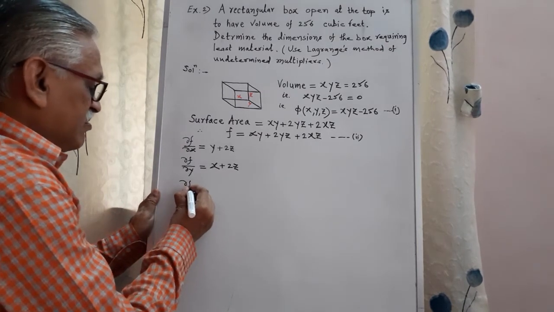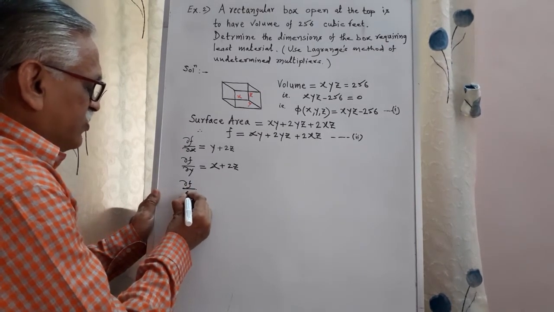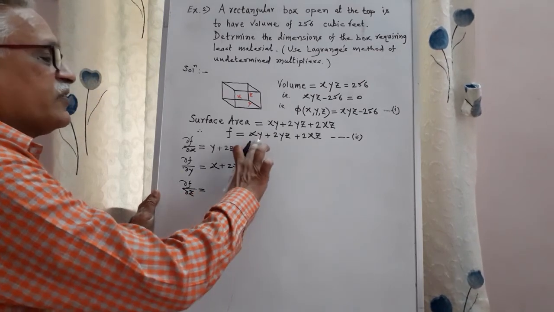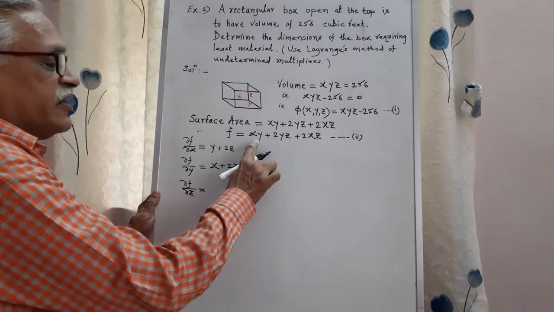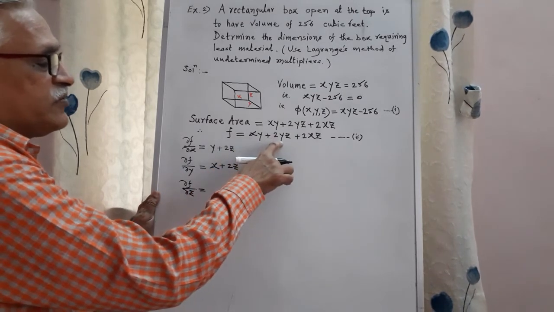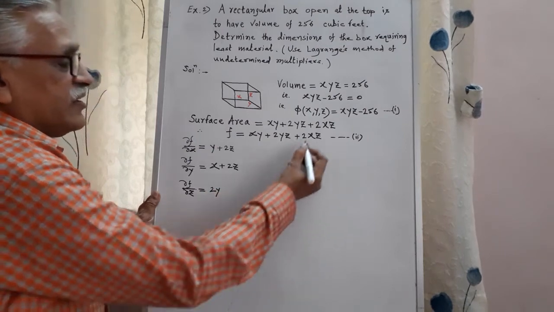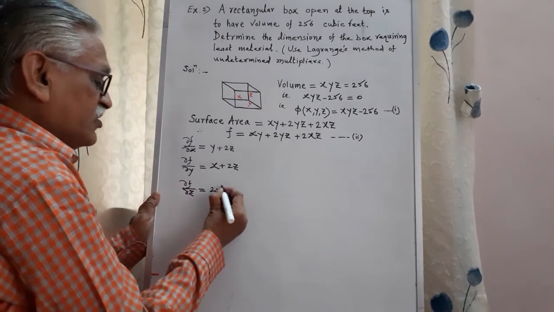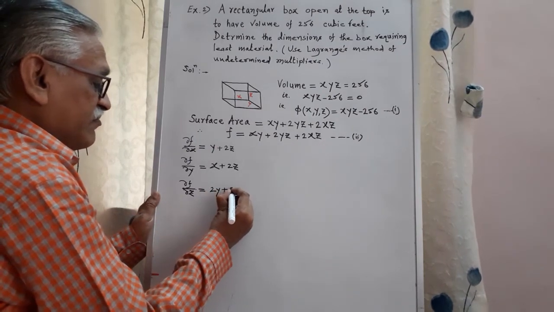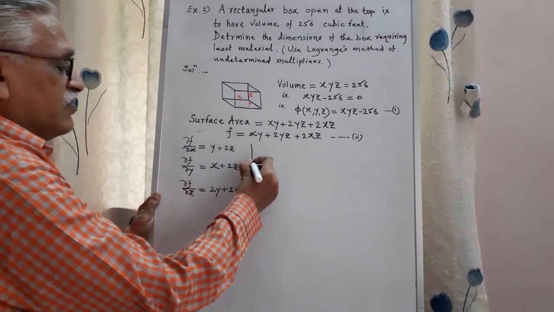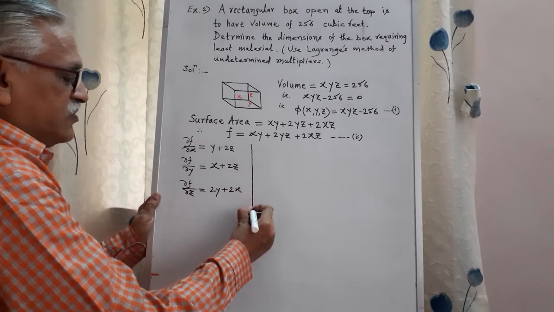Then dou f by dou z: this time we have to differentiate each term with respect to z. Derivative of the first is 0, derivative of this one is 2y, and derivative of this with respect to z is 2x. Okay, these are the derivatives of that function with respect to x, y, z.